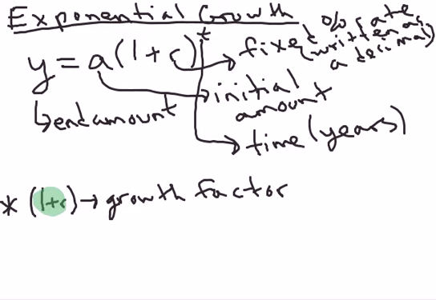So let's go ahead and look at an example of something that would involve exponential growth. Okay, so make sure you have your graphing calculator out if you have one. So this example is talking about a population, and there are a couple things that are noted.